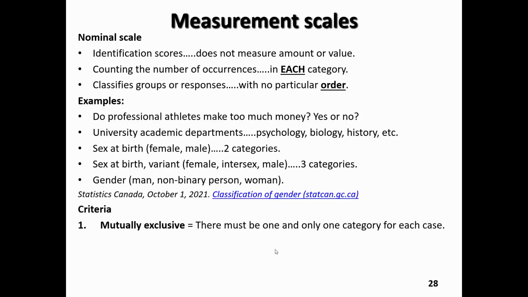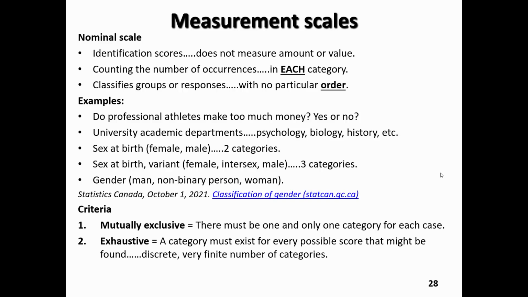So there must be one and only one category for each case. If you have one offspring, you would not assign the offspring to man, non-binary person, and woman at the same time. There would have to be one and only one category.